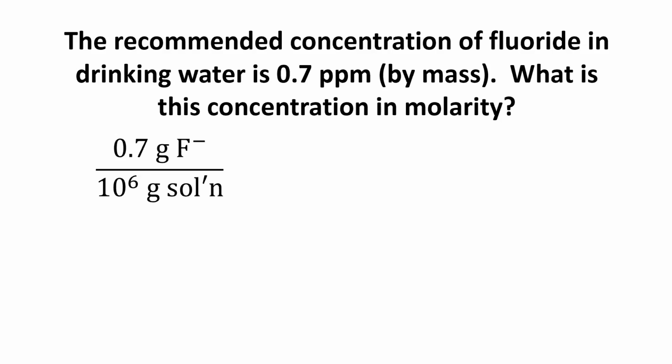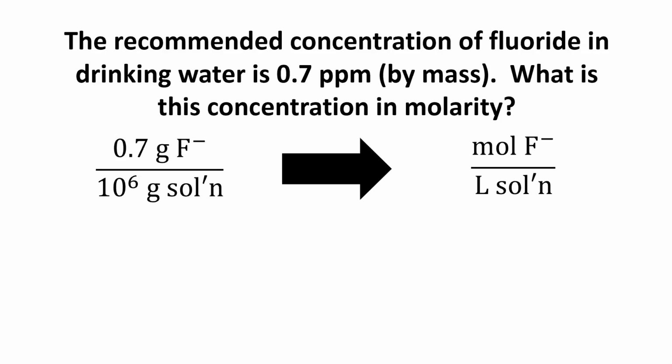Remember, just like percent is how many out of 100, ppm is how many out of a million. If we had ppb, parts per billion, it would be how many out of a billion, or 10 to the 9th. In this problem, we are changing it to molarity. We want to end up with units of moles of fluoride per liter of solution.